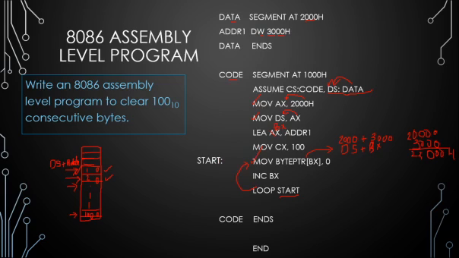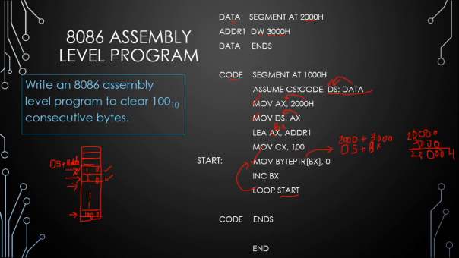Okay, the flow will turn around to the position labeled as start. Along with that, it will be checking whether the counter has become 0.